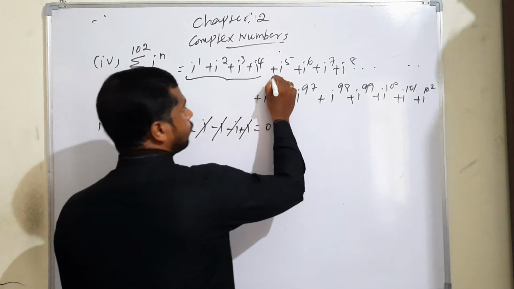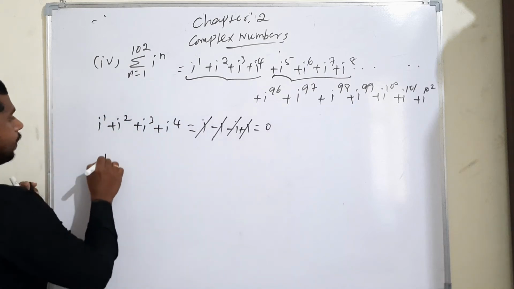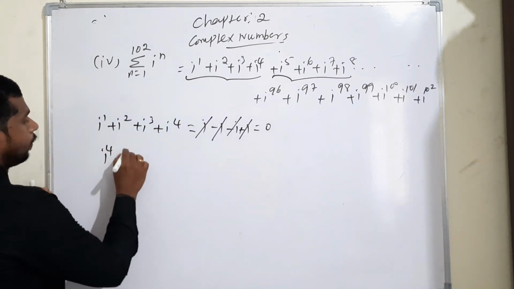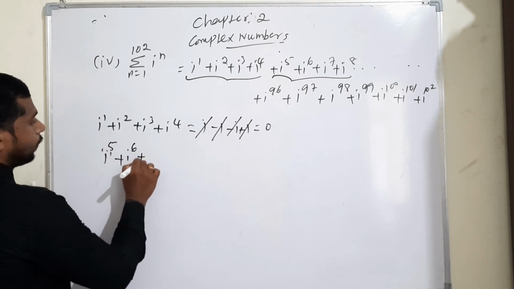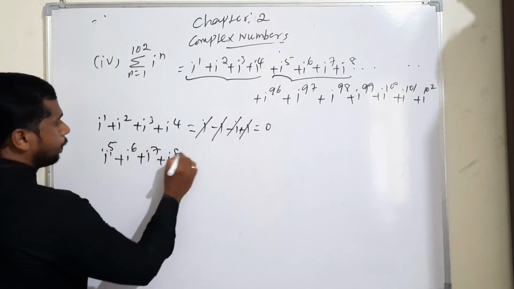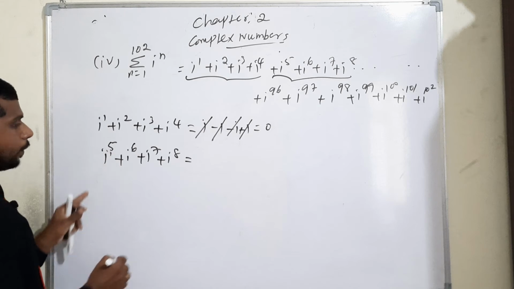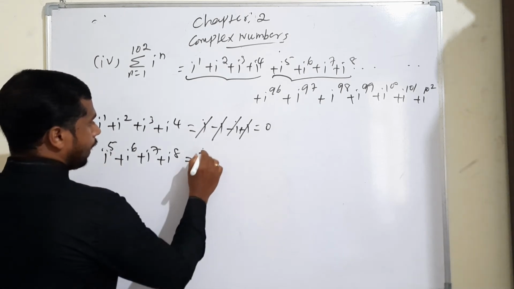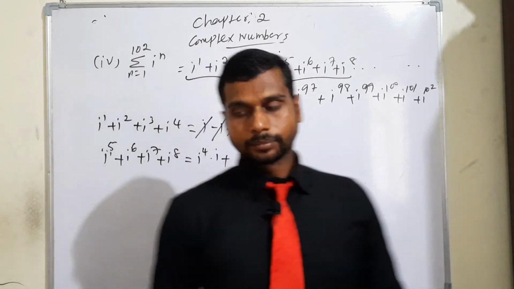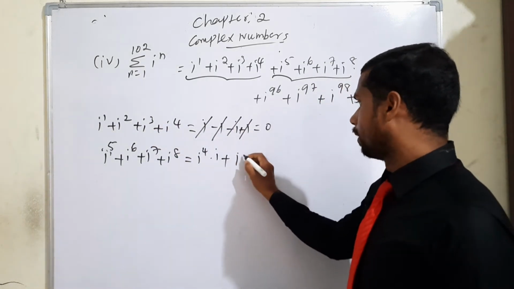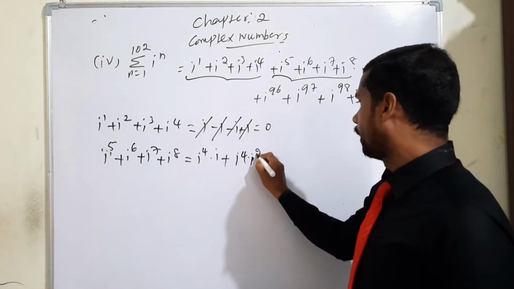The next 4 terms, what will happen? Next 4 terms: i power 5, i power 6, i power 7, i power 8. How to split it? i power 5 is i power 4 into i. Next one, i power 6 means i power 4 into i square.